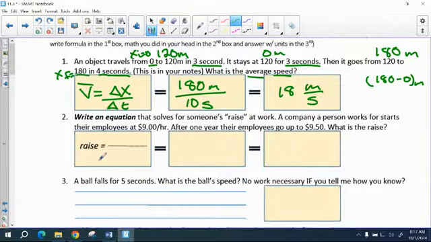So now we're going to do wage again, but we're going to do a raise. A person starts at $9 per hour. After 1 year, their wage goes up 50 cents. What's the raise? Okay, so the raise would be the change in pay over the change in time.